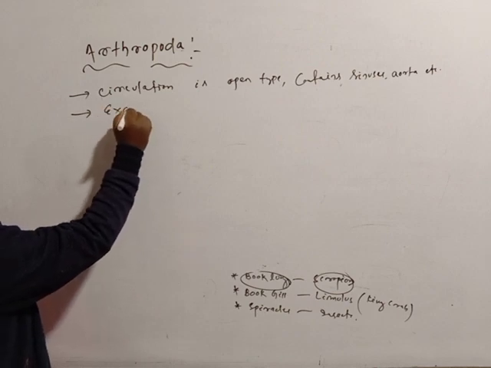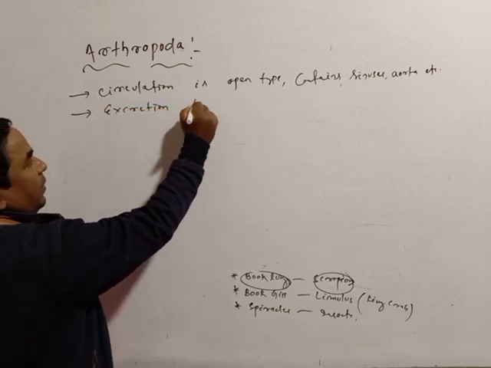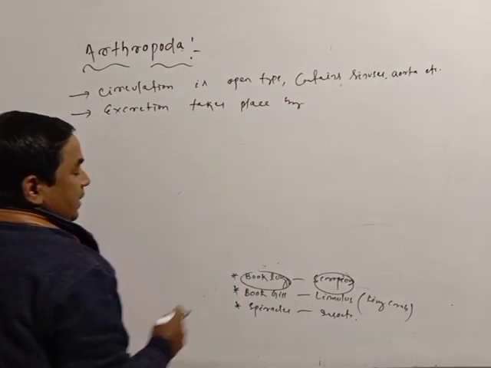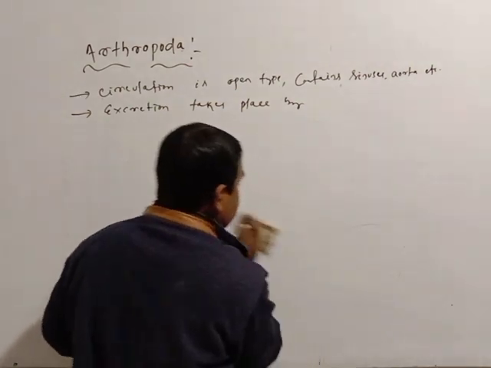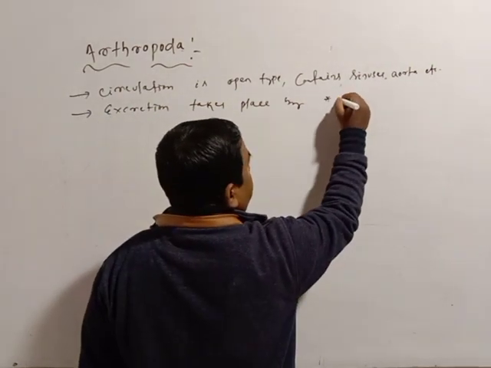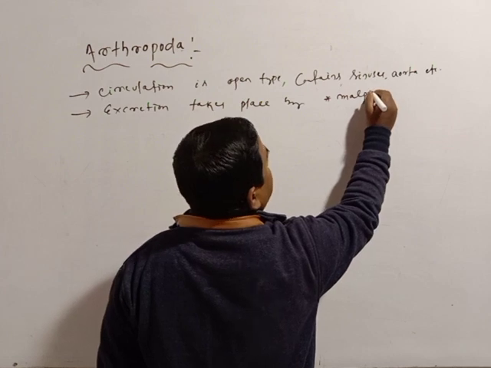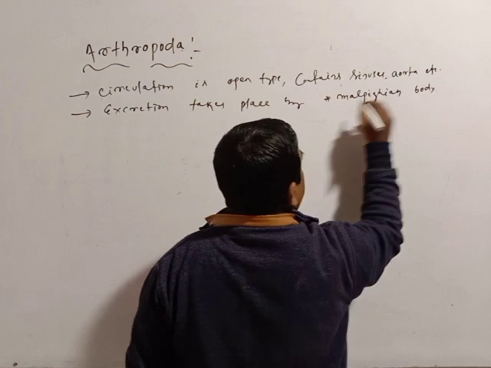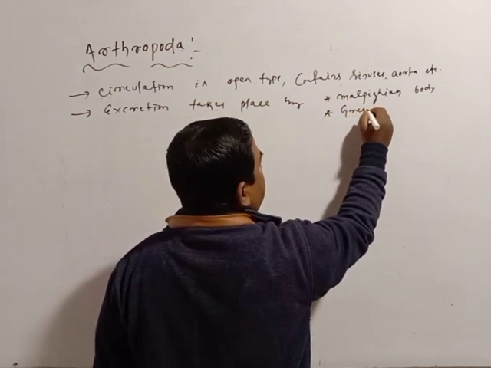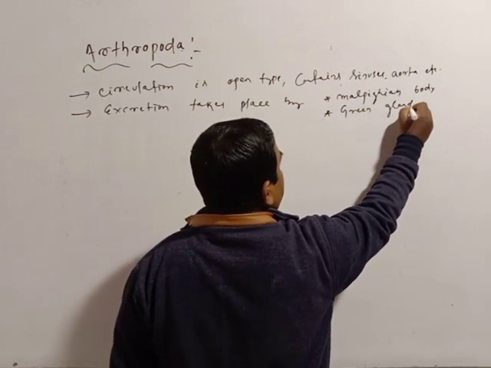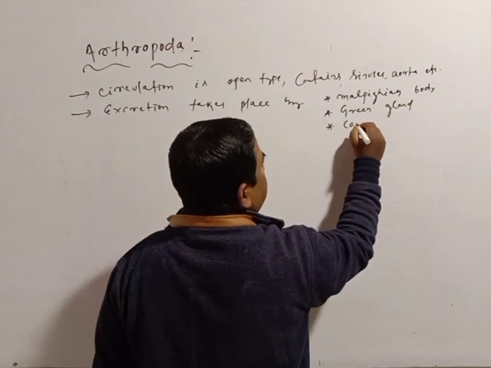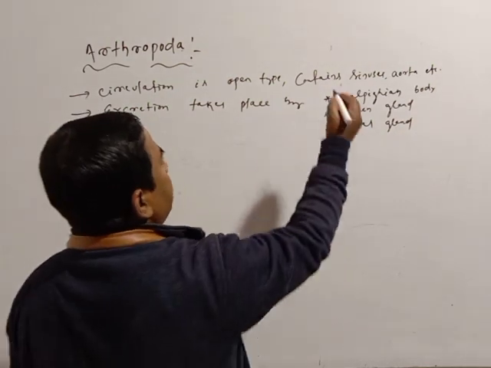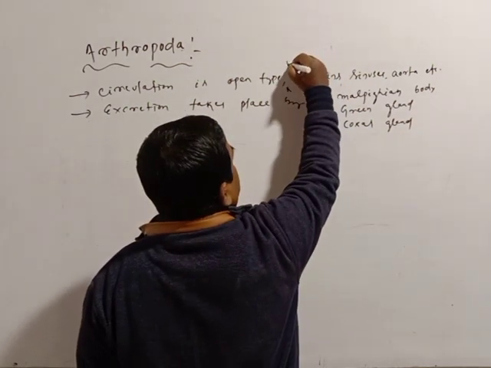Then excretion takes place by Malpighian tubules, green gland, coxal gland, etc.